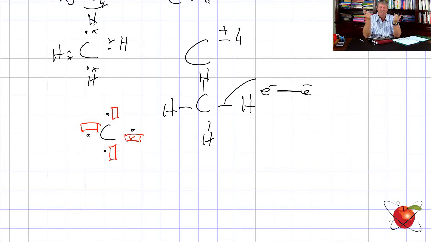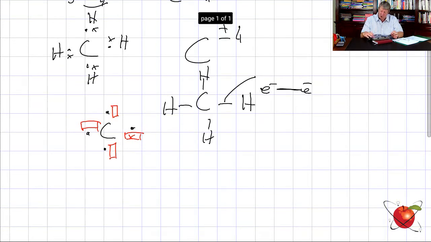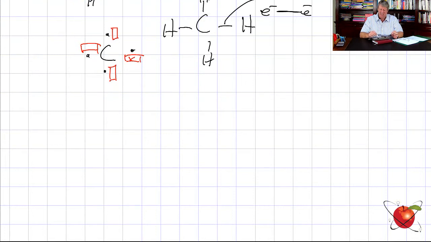Covalent, sharing valence electrons. Now, carbon had the anomaly. It could be plus or minus 4. What does that actually mean for us? Well, it means quite simply that carbon has the ability, and I'm not saying electron affinity, to bond with a hydrogen, which is a +1, or a chlorine, which is a -1.